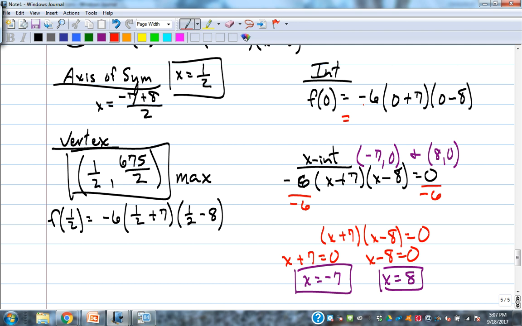The shortcut is you just multiply -6 times M and N. That's what happens when you do that. -6 times 7 is -42, times -8 is going to be a positive something. 336. 8 times 40 is 320, and then add 16.